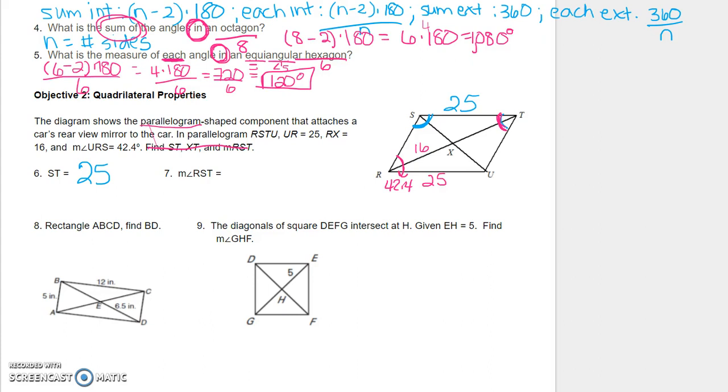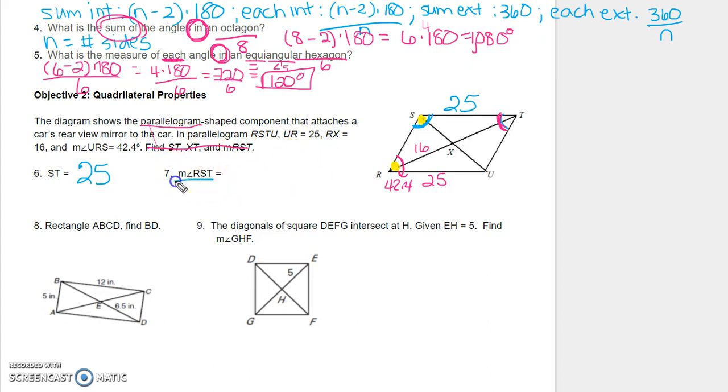We also had a property about consecutive angles. Consecutive means this one is next to this one, the two yellow ones. That means they are next to each other. We had a property that said consecutive angles in a parallelogram are supplementary. That means they add up to 180.